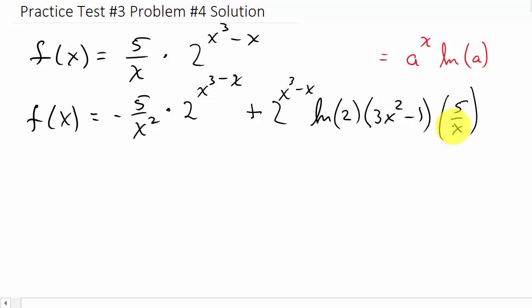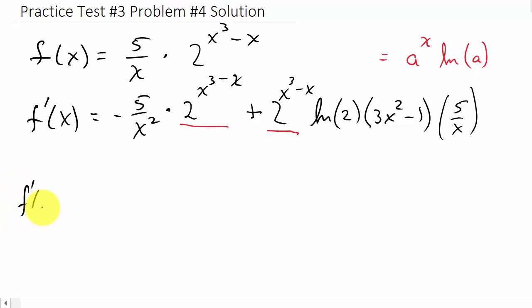Alright, so now let's look at simplifying this thing. Well, first, this 2 raised to the x cubed minus x, we can factor that out. And we can also factor out a negative 5 over x squared. Okay, I know this is 5x over here, but let's see what happens when we do that. I'm sorry, that should be an f prime.